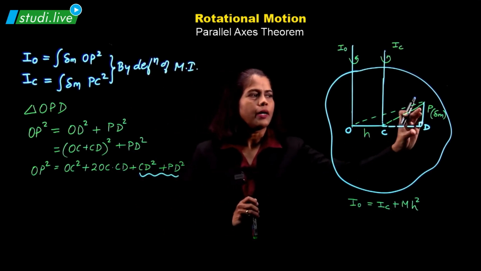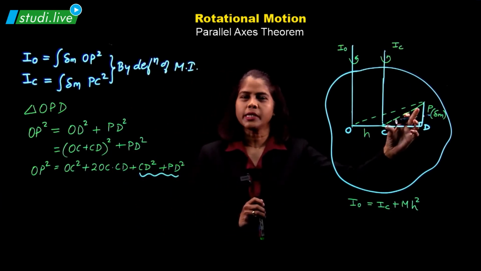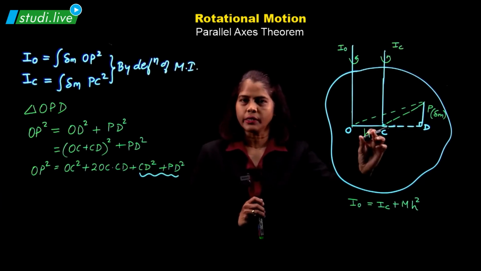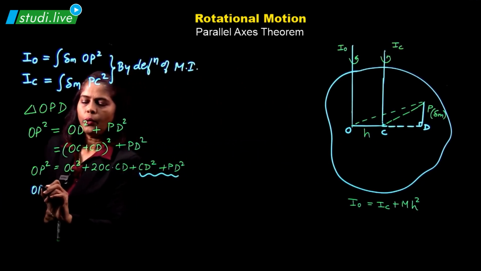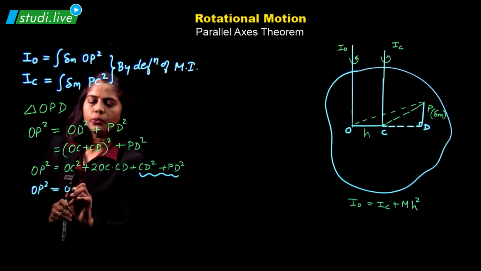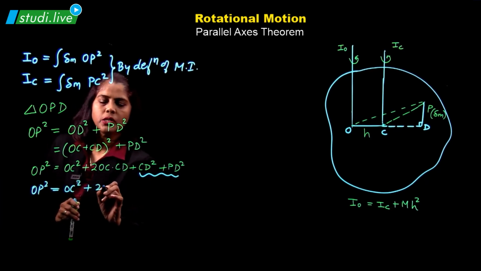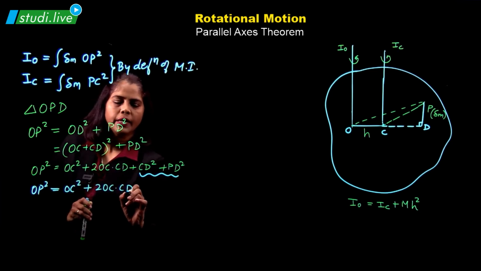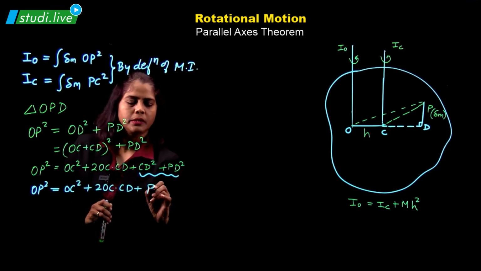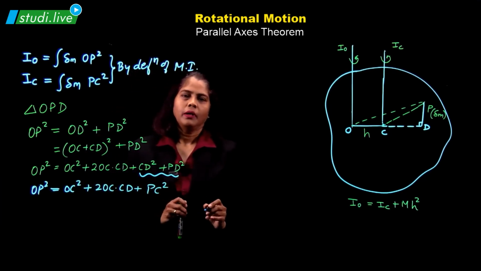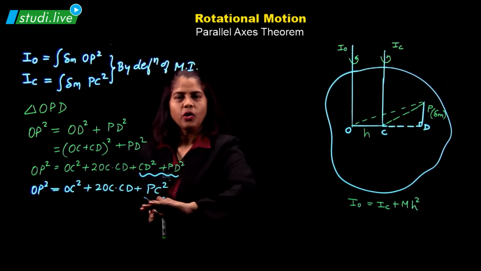See, CD square plus PD square will give you what? PC square, because a small right angle triangle. So, I am going to mention here, student. So, it will be OP square is equal to OC square plus 2 OC CD plus what I told you here, PC square. Right. So, I got square of the distances.